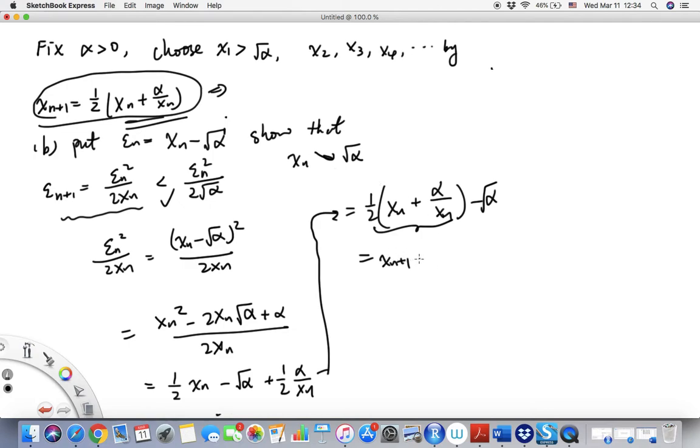So this is xn plus 1 minus square root of alpha, which by definition is epsilon n plus 1. All right, let me write over here.